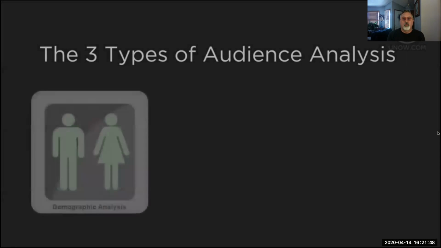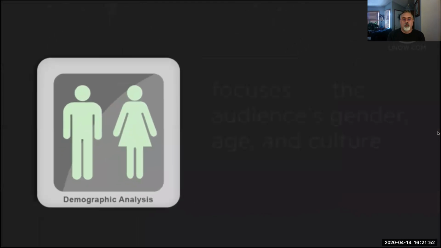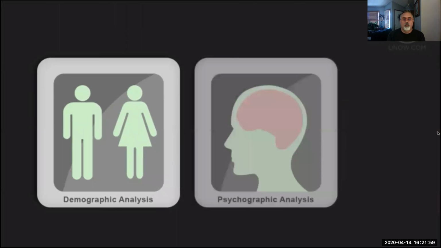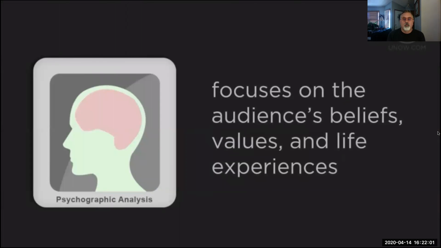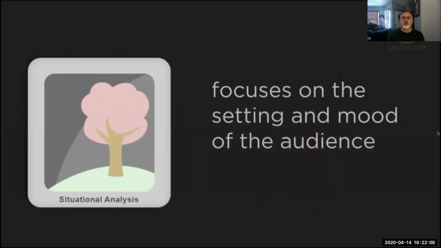When listening to this speech, note the 3 types of audience analysis that Mrs. Bush used. Demographic analysis, which focuses on the audience's gender, age, and culture. Psychographic analysis, which focuses on their beliefs, values, and life experiences. And situational analysis, which focuses on the setting and mood of the audience.